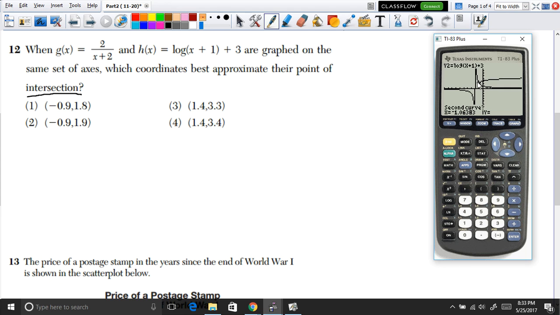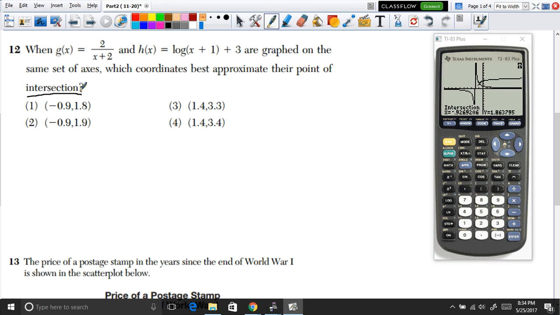What is the second curve? Well, still that point. So the second curve is this one. Do you want me to guess? Yes, please. So now these are our points of intersection. Let's look at our options here. It says when x is negative 0.92 and y is 1.86.